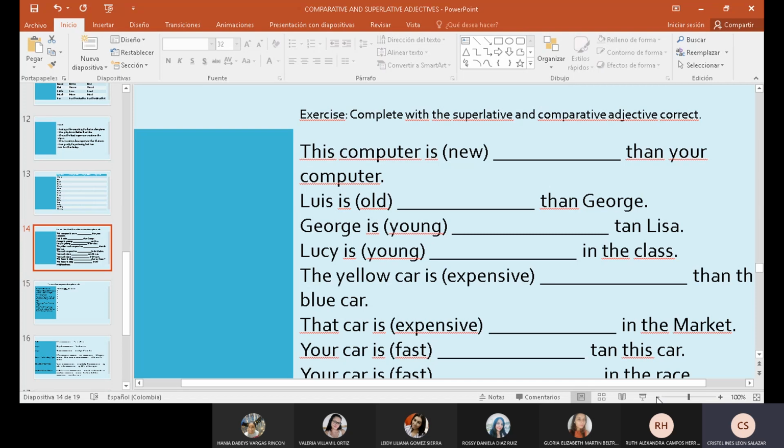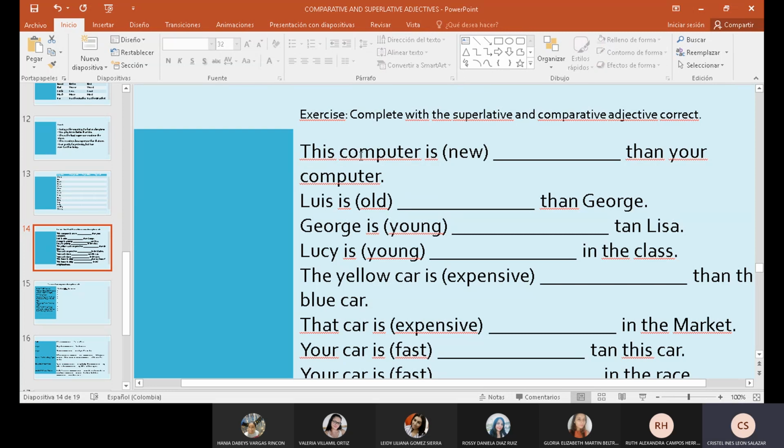Yes, teacher. Okay, we are going to practice an exercise: complete with the correct superlative and comparative adjectives.